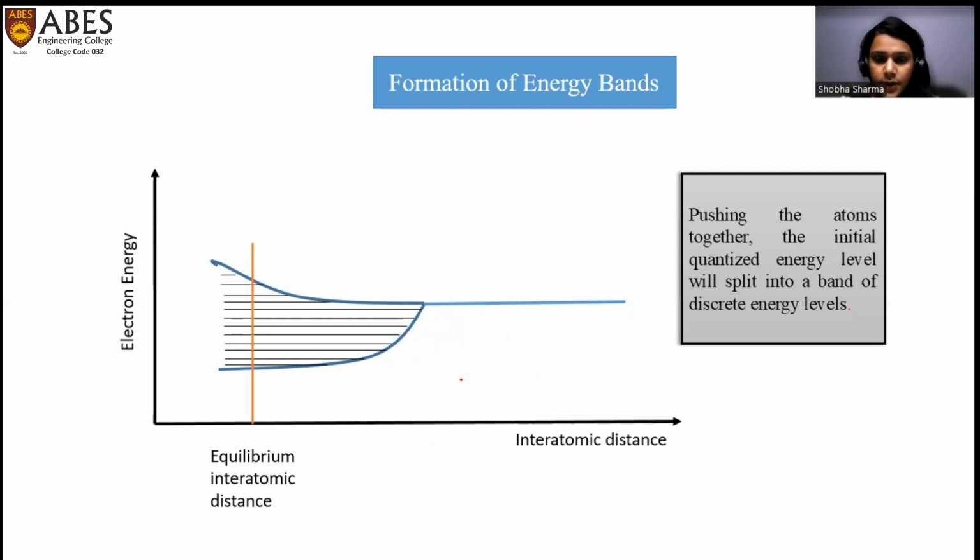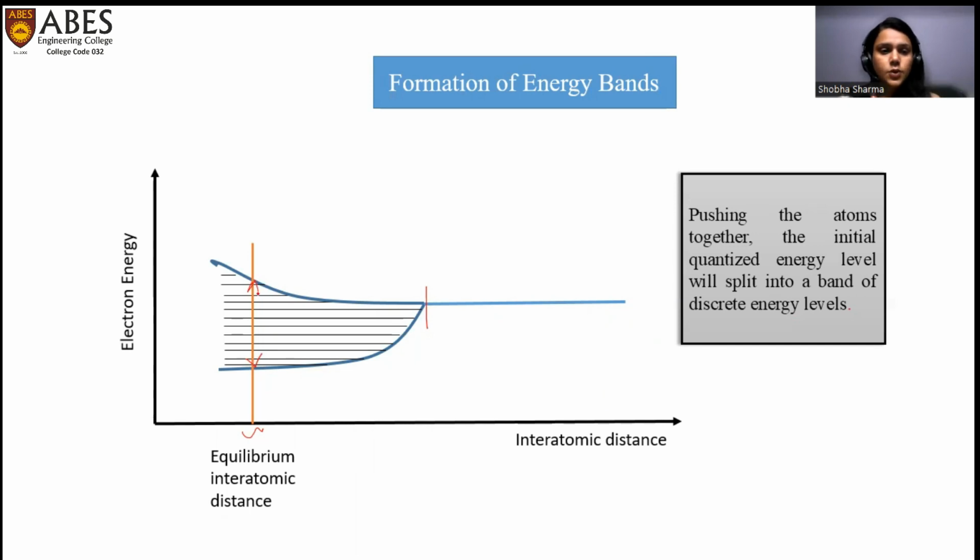But as we reduce the interatomic distance between atoms, the energy state begins to split, and the number of energy states begins to increase as we further reduce the interatomic distance till this point, which we know as the equilibrium interatomic distance. Beyond this point, we cannot reduce the interatomic distance. So at this point, you will get a clear picture of energy bands.